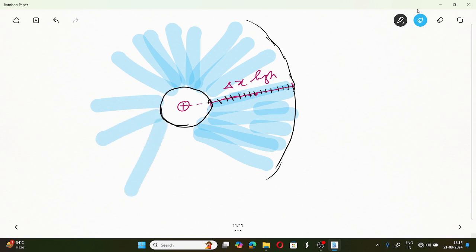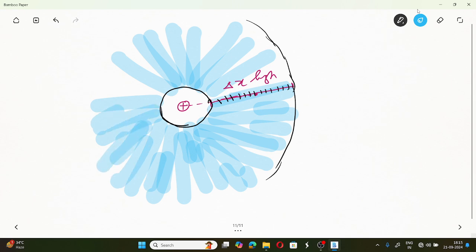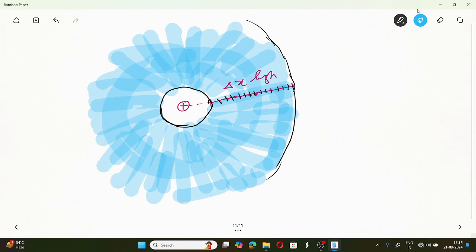And this led to the concept of electron cloud. Also, the electron is not actually localized at a specific orbit. It is not moving around a specific orbit, but it may be present over a wide region in space.